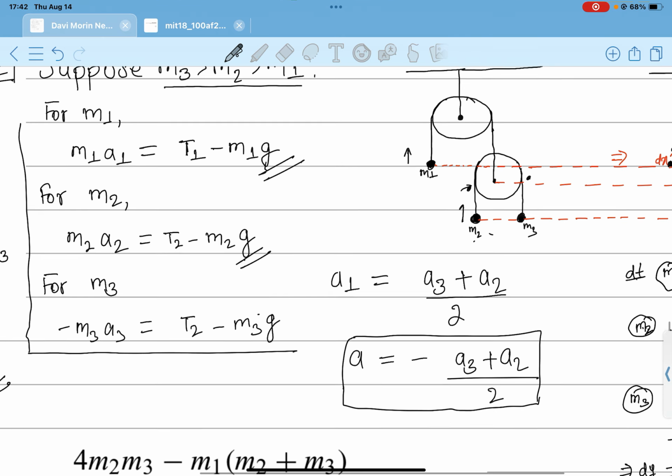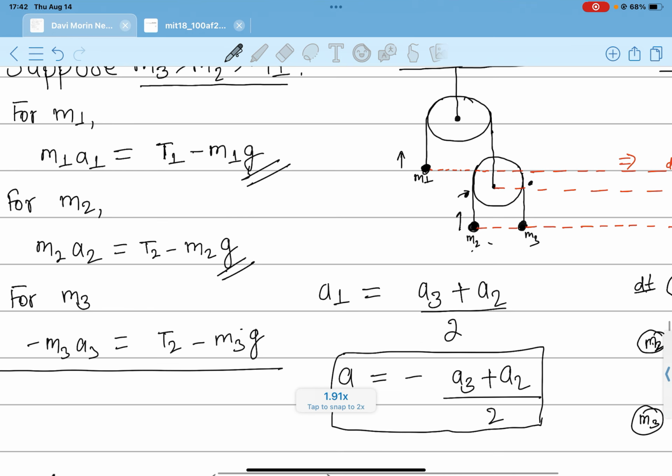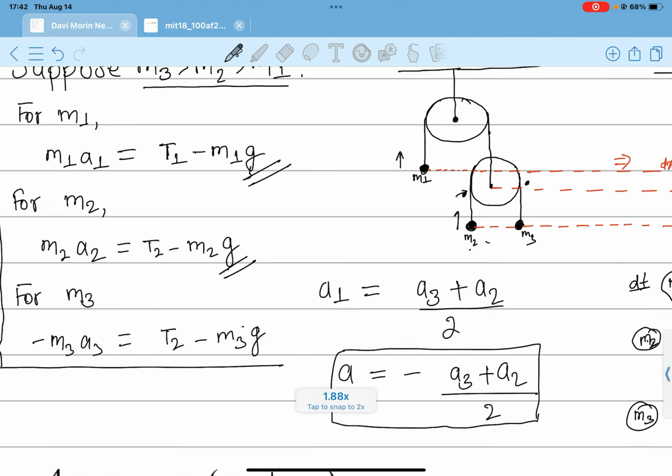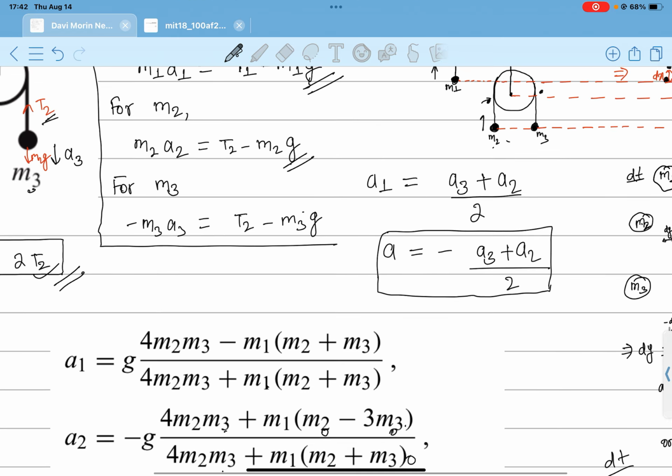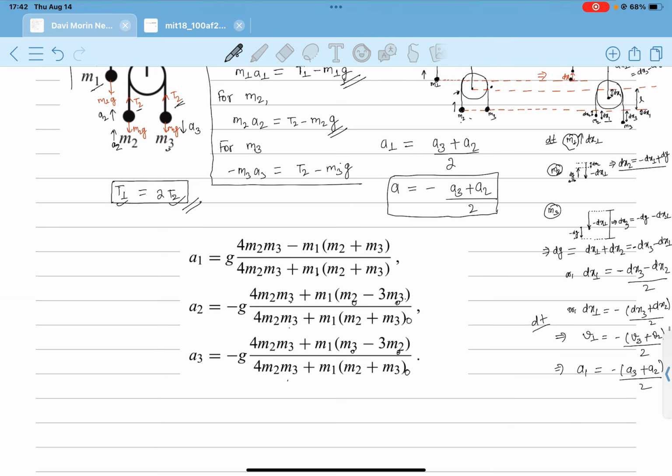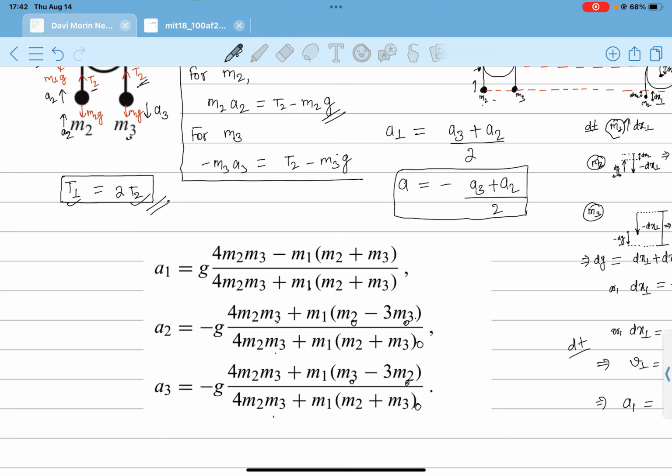So we have this relation in this case of pulley system. So using these four relations, we can find the acceleration. If we solve these four equations, we get acceleration values as this.